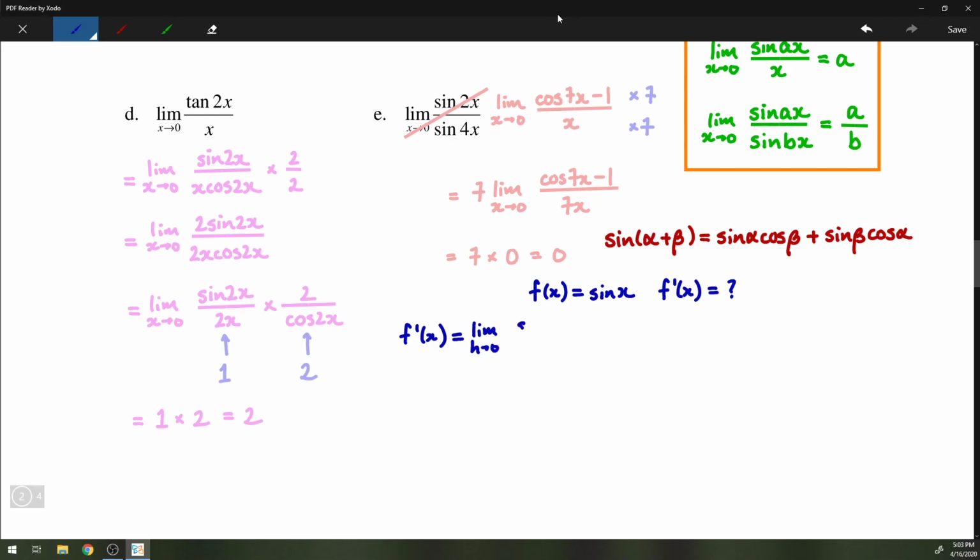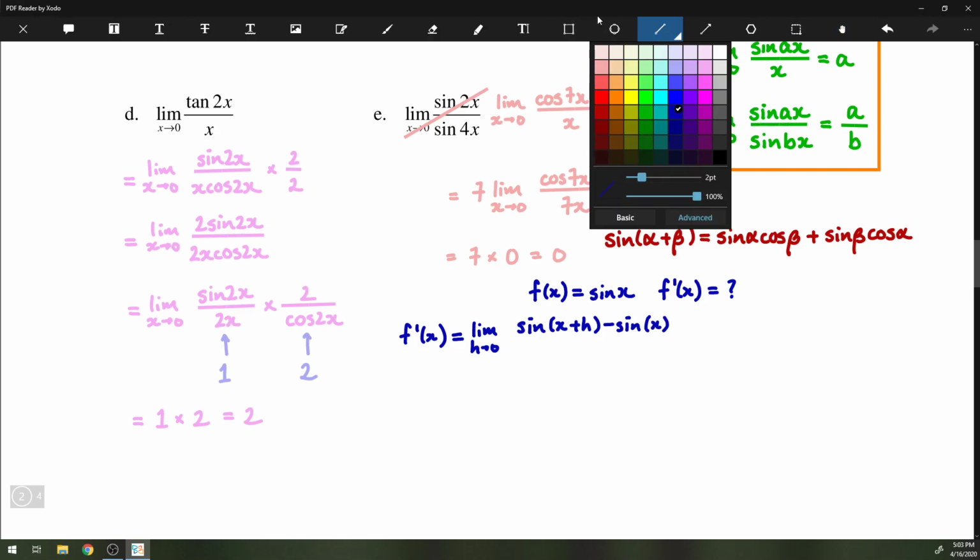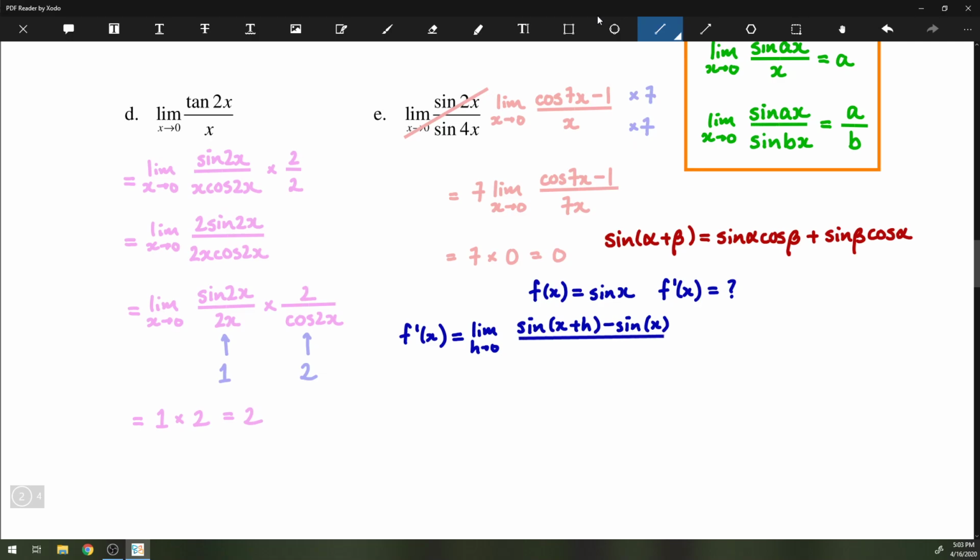In this case, we have sine of x plus h minus sine x, and it's all going to be over h. So from here, what we're going to do is apply the identity. Just going to move it a little bit to the left, to give myself more space.